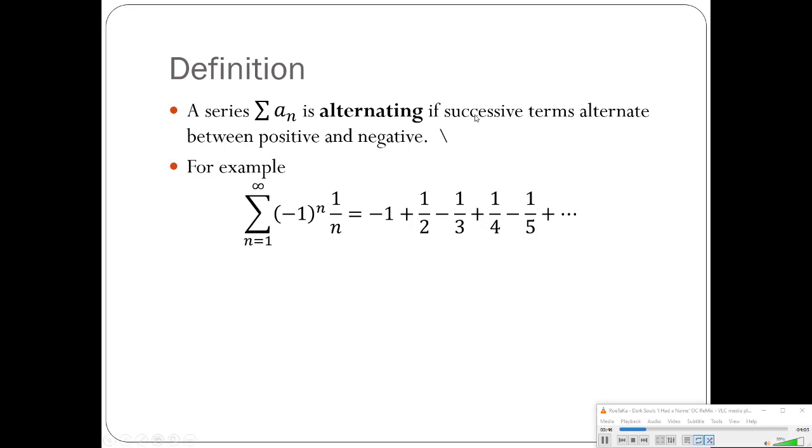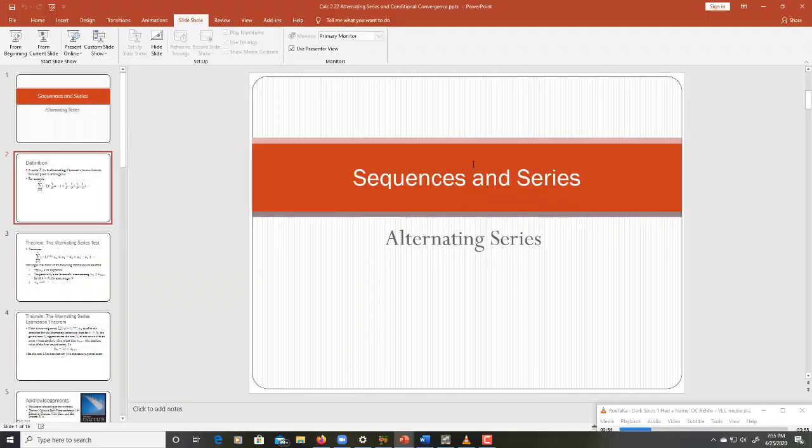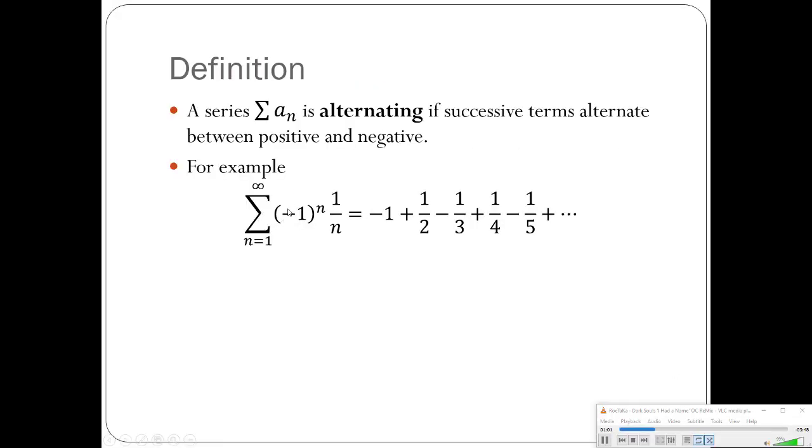A series is an alternating series if each term flips signs, so it goes from negative to positive to negative to positive. All alternating series have a negative 1 raised to either an n or an n plus 1 or some offset of that. That's what flips the sign in every term.